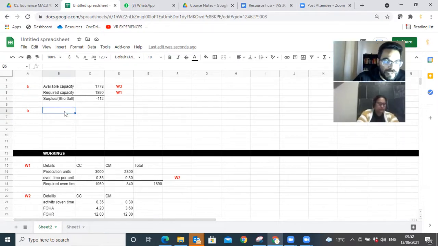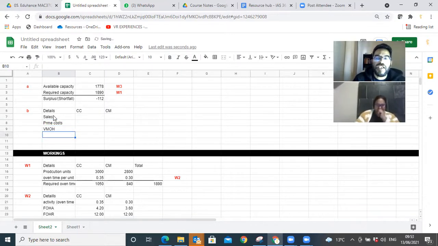We'll have details, we will have CC, we will have CM, we have sales, prime costs, and variable manufacturing overheads. Remember, we're working on contribution margin, which is sales minus total variable costs.